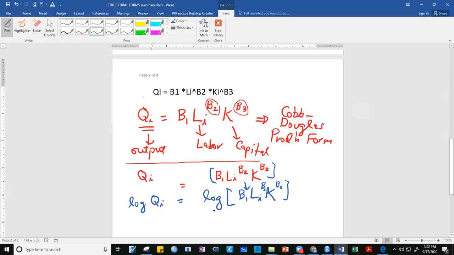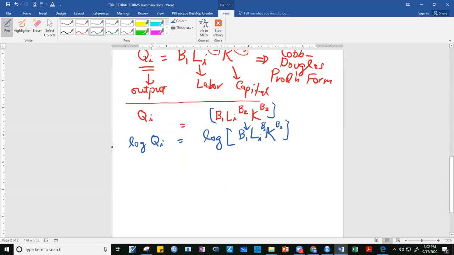Okay, when we do that, guys, pwede natin i-implement yung laws of logarithm. So this will become log Q sub I. If you recall in your algebra, yung log ng products is just the sum of the logs. So this becomes log of B1, plus, kasi products yan, magiging addition sa log, log of L sub I to the B2 plus log of capital to the B3. Sorry, hindi ano yung writing ko.